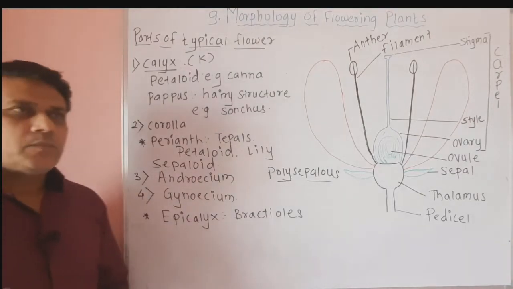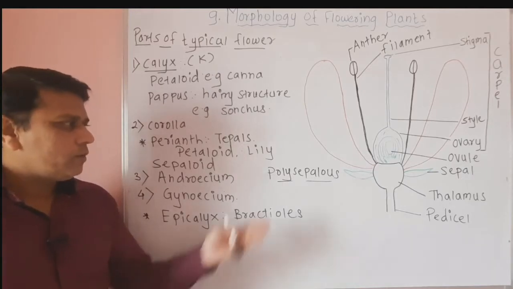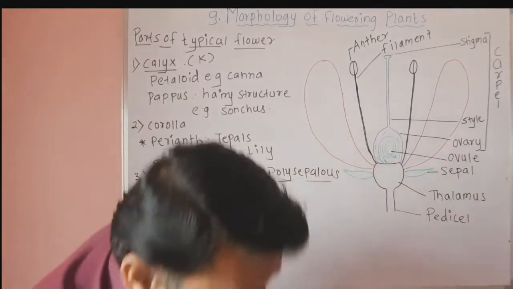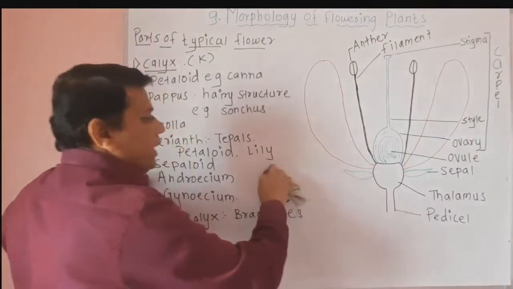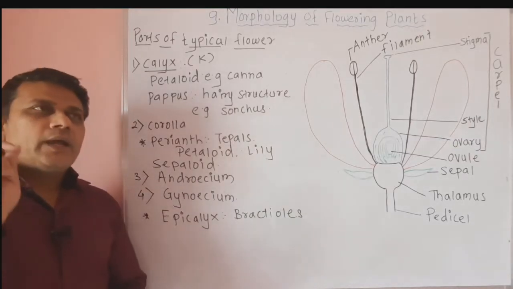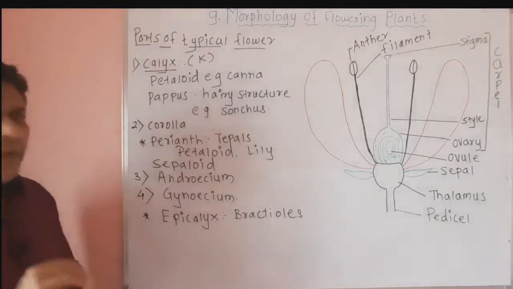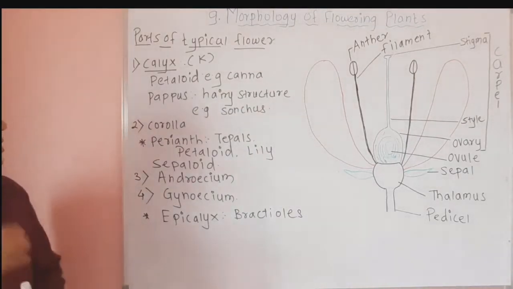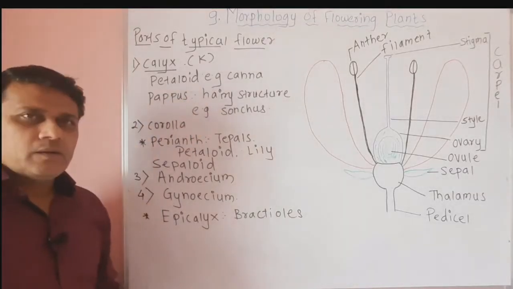So some flowers may show presence of gamosepalous calyx or some may show presence of polysepalous calyx. The function of calyx is protection, as well as it contains chlorophyll, so it carries the process of photosynthesis. Similarly, in some plants, the calyx may be petal-like.